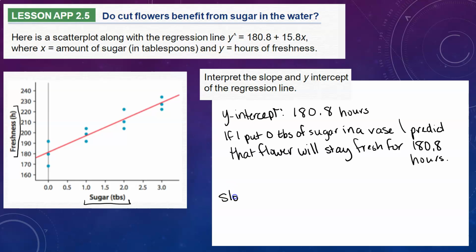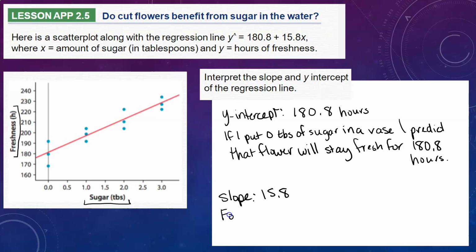Now let's look at the slope. Your slope was 15.8. See if you can interpret that now. Well, it's positive, so that means the number of freshness hours is going up. Remember, it's for every 1 unit here, so this is 1 unit of sugar.